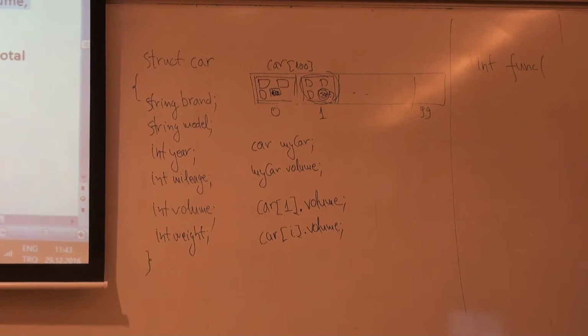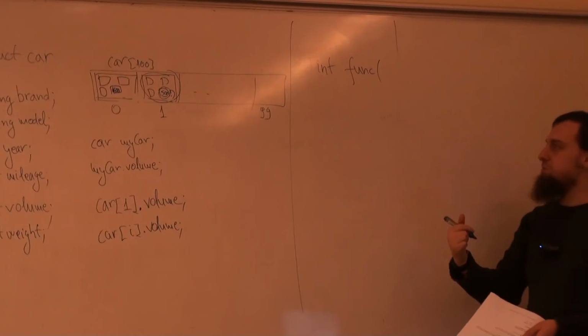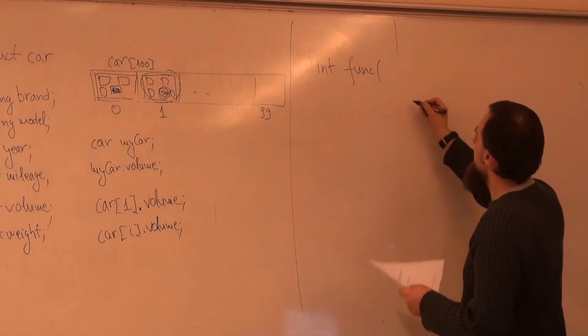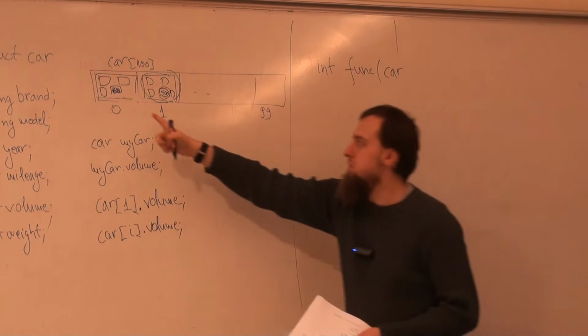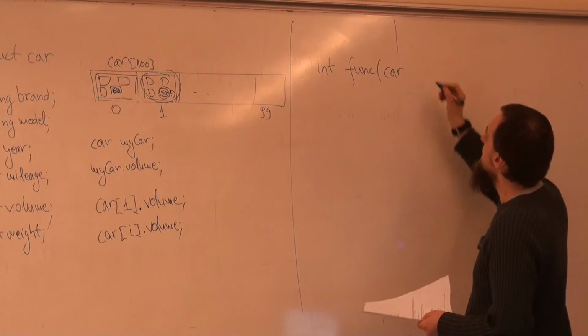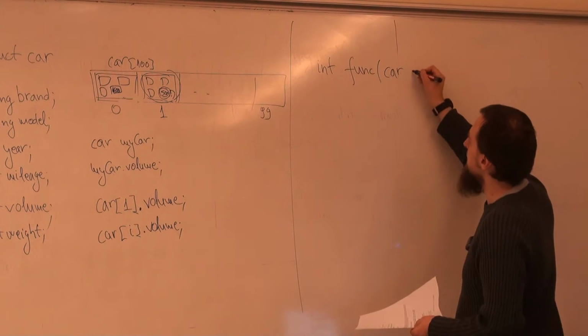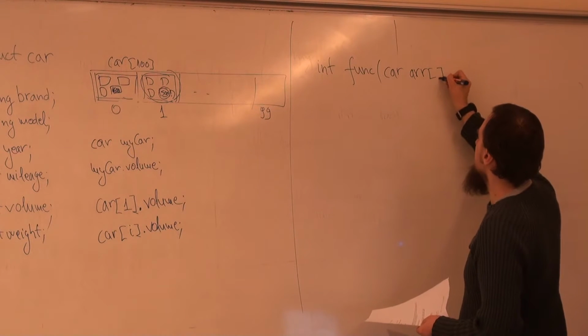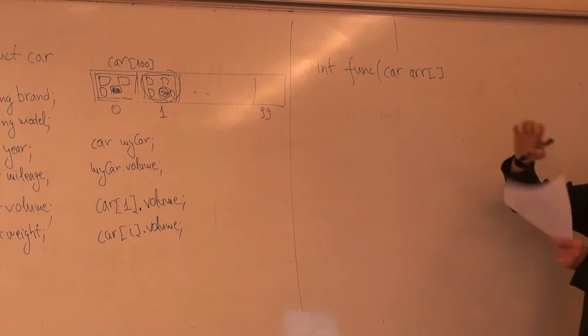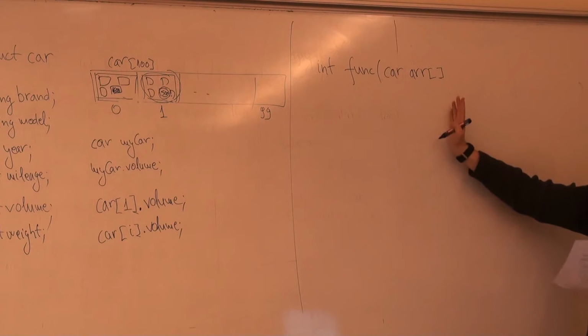Now let's see how we send built-in arrays as parameters. We send them in the following manner. First, we send the type, and the type is car, since this array consists of cars. We send the name then of the array. Let's say it's array. And we write, open the square brackets, and close them, without any parameters.